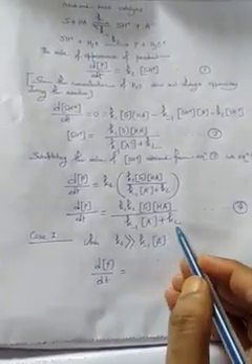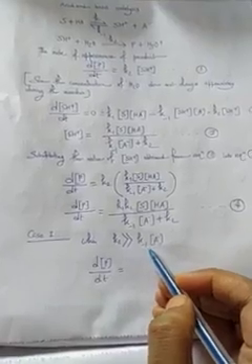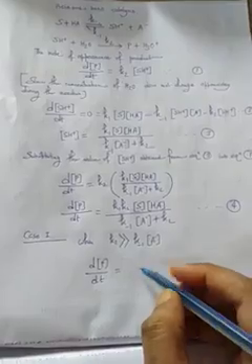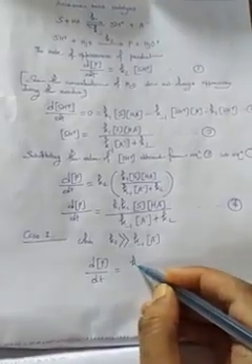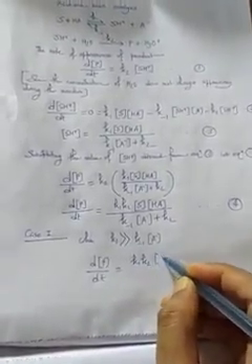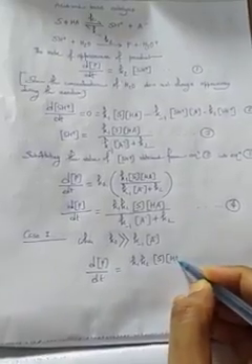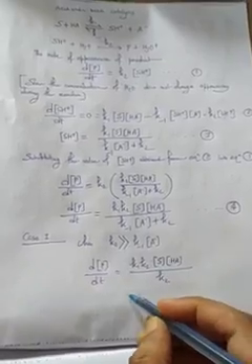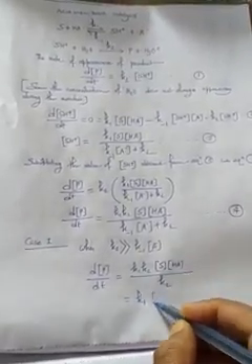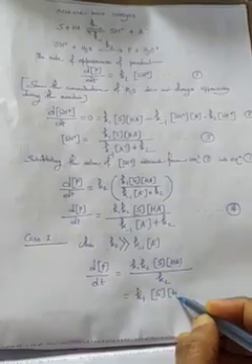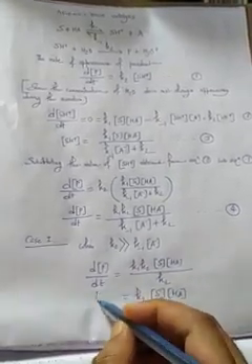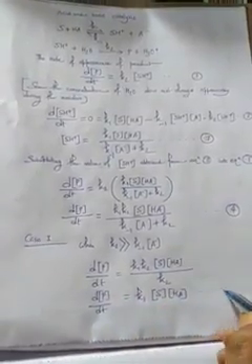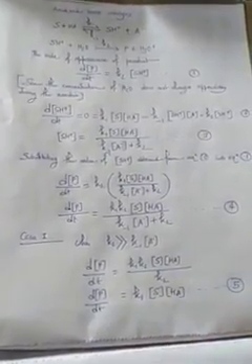Since K2 is very much greater than K-1 into concentration of A, we can ignore this particular quantity, and the equation becomes like this. Suppose this is equation number 5.